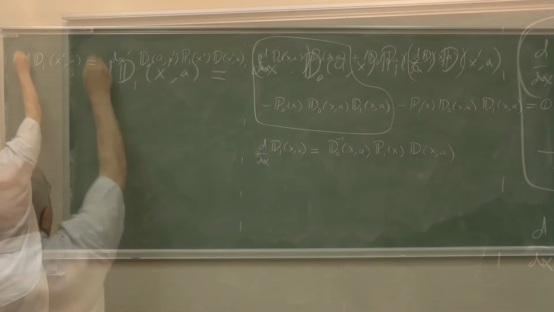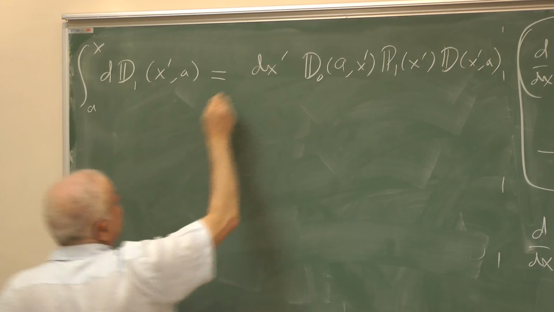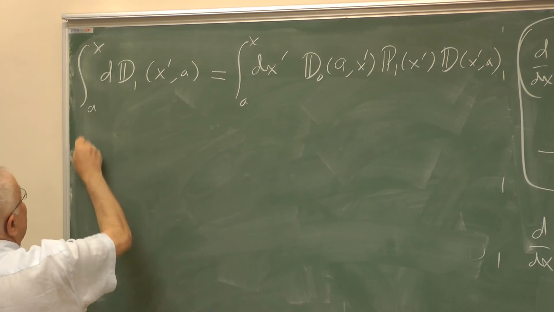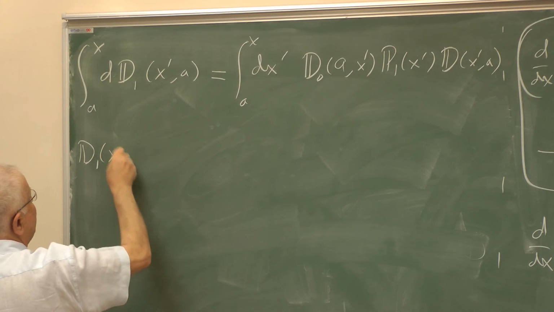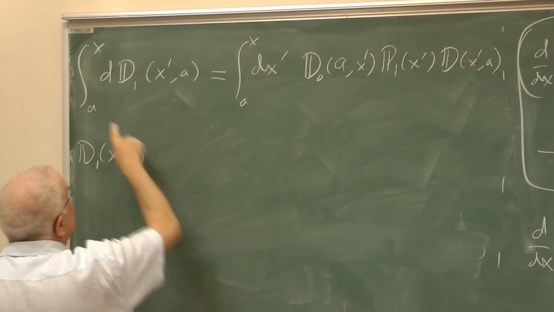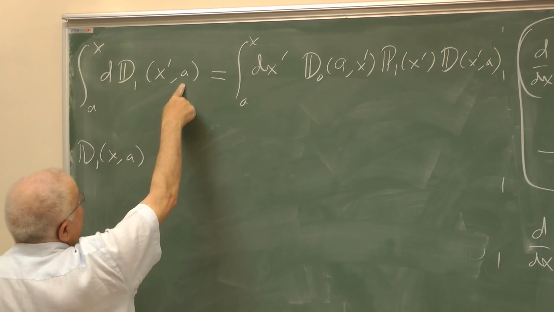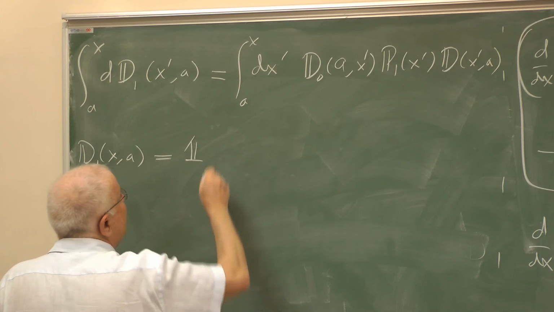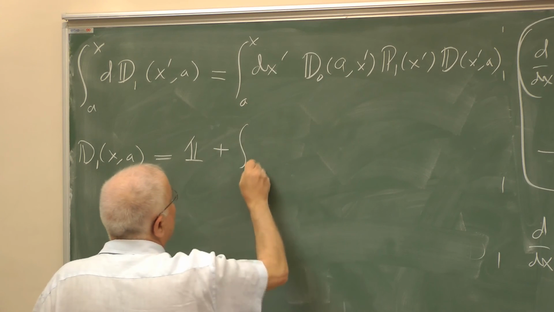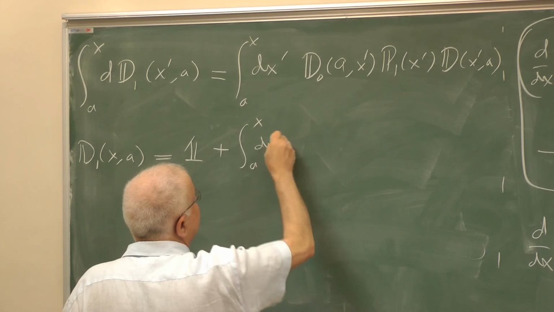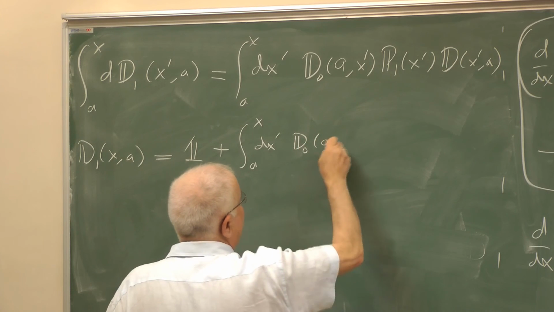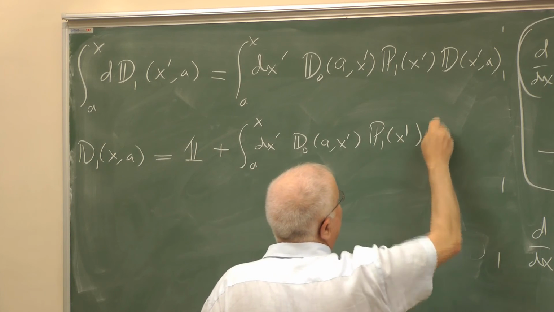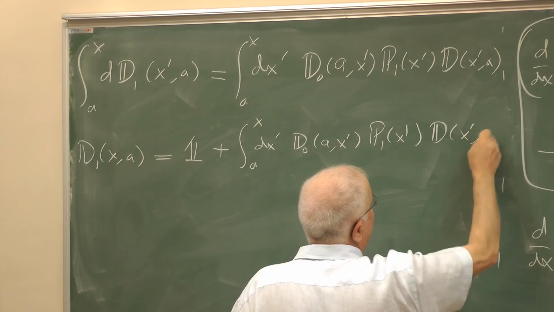And let us integrate from a to x. Well, the first term is obviously d1 xa. The second term, d1 of aa, which is identity, to be subtracted. But I'll write this to the other side as 1 plus integral a to x dx prime d0 ax prime, p1 x prime, d of x prime a.